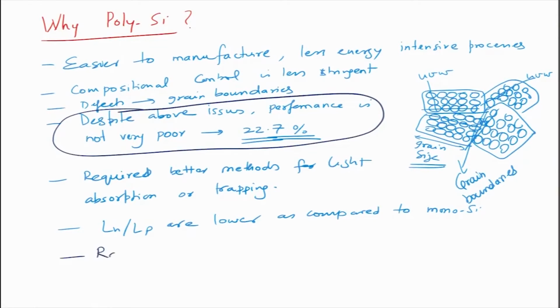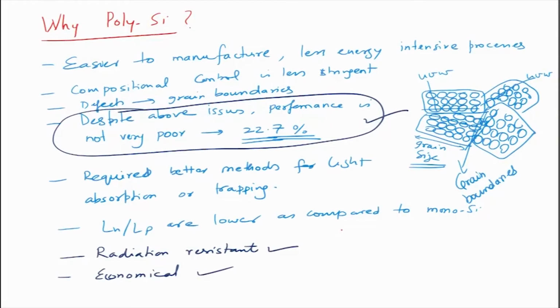They are more radiation resistant. So, this is a positive thing, and they are economical. That is the most important thing for any technology to succeed. They are cheaper. There are certain issues that you need to control.